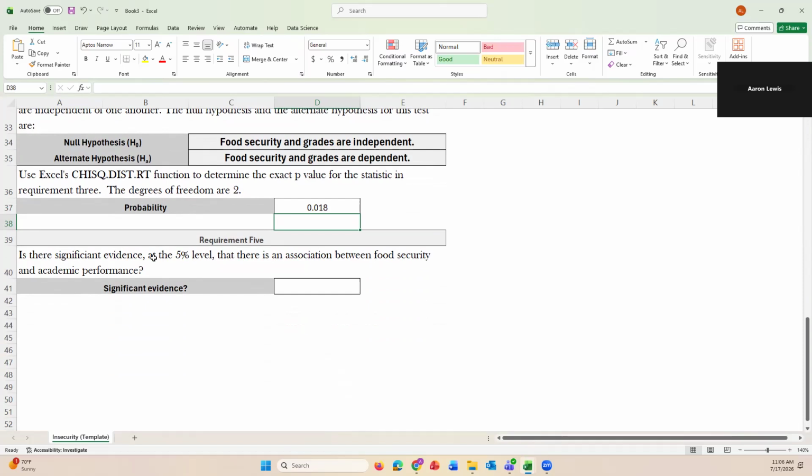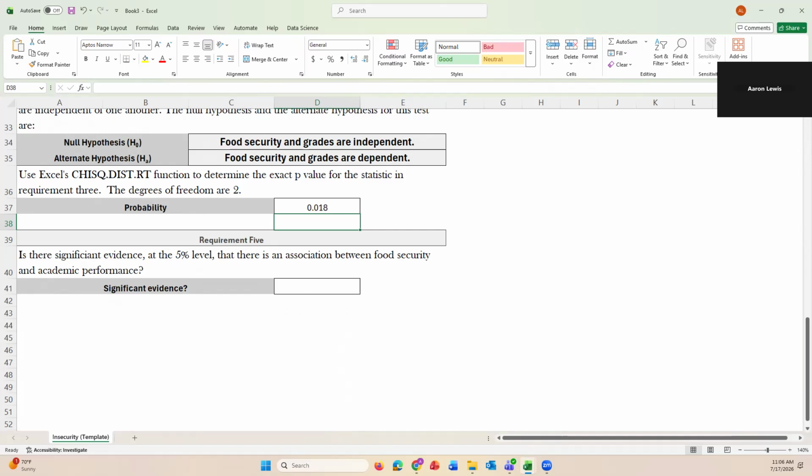Our significance level of 5% means that we're going to give ourselves a 5% chance of making a type 1 error, of making the claim that the alternate hypothesis is true and being wrong in the long run. Well, 5% is the amount that we're willing to accept. Our probability, according to our test, is only 1.8%. So our P is less than our alpha.